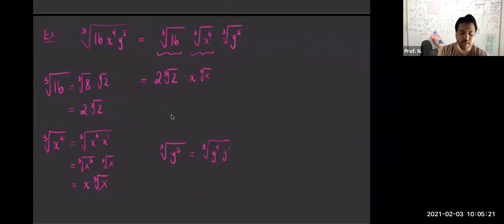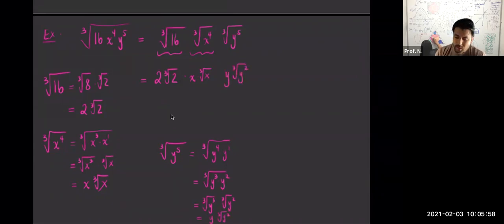So you have to rearrange that. Really what you meant to say was that it's equal to y cubed times y squared. Y cubed is a perfect cube. So the cube root of y cubed times the cube root of y squared. What's the cube root of y cubed? It's y. So this becomes y times the cube root of y squared.